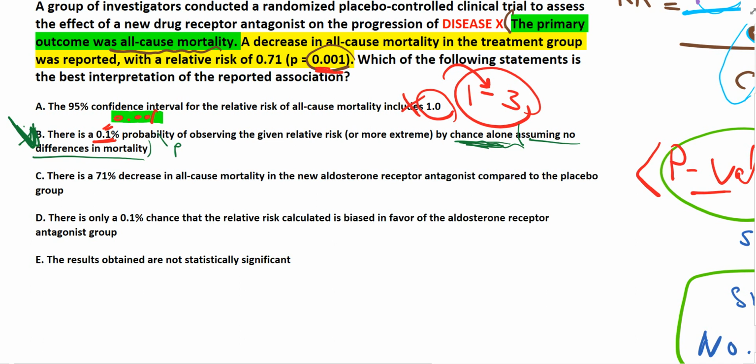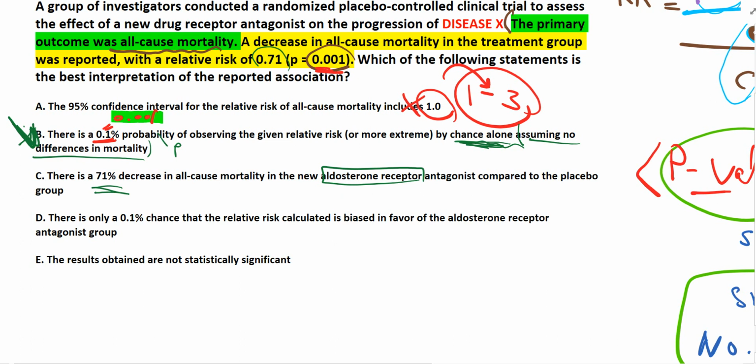Let's go through the other answers. There is a 71% decrease in all-cause mortality in the new aldosterone receptor antagonist. This is the drug, compared to the placebo group. Well, this is definitely incorrect. There is no decrease by 71%.